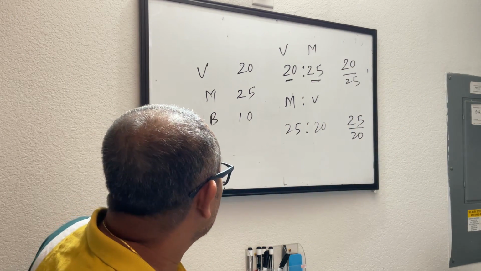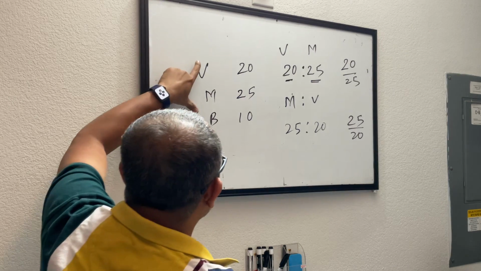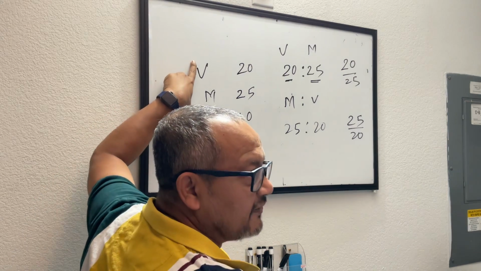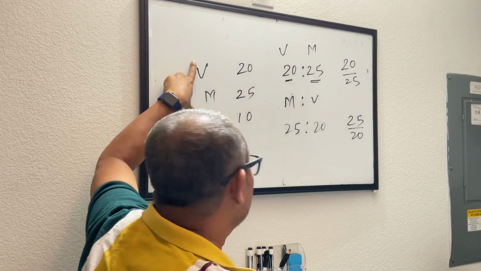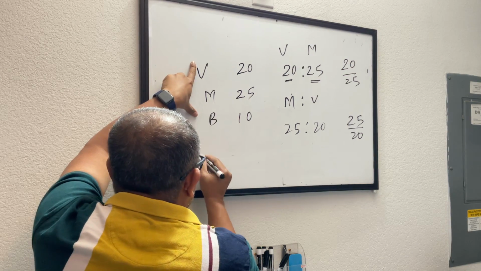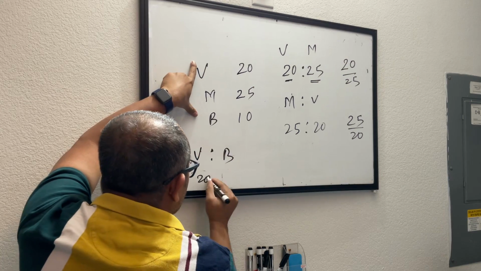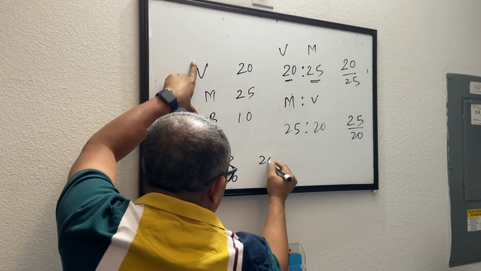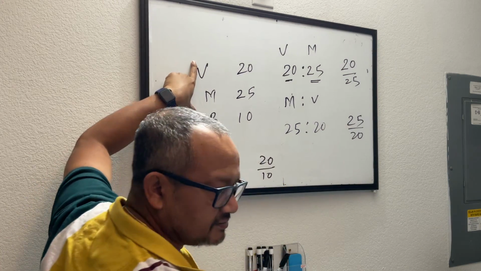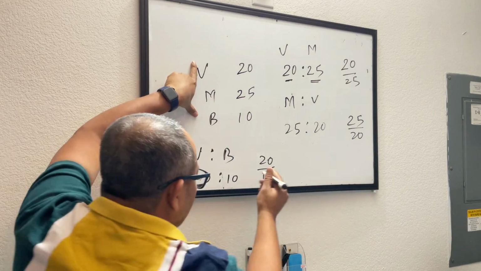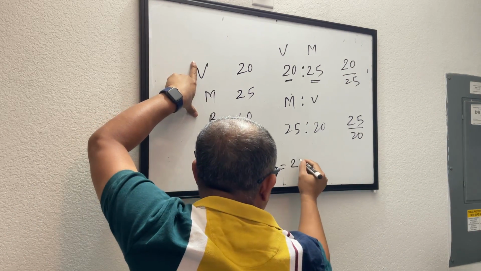Now, if I say what is the ratio of the value of money between Vivan and me? Vivan is to me will be what? 20:10 or 20/10. When you solve this, it becomes 2.